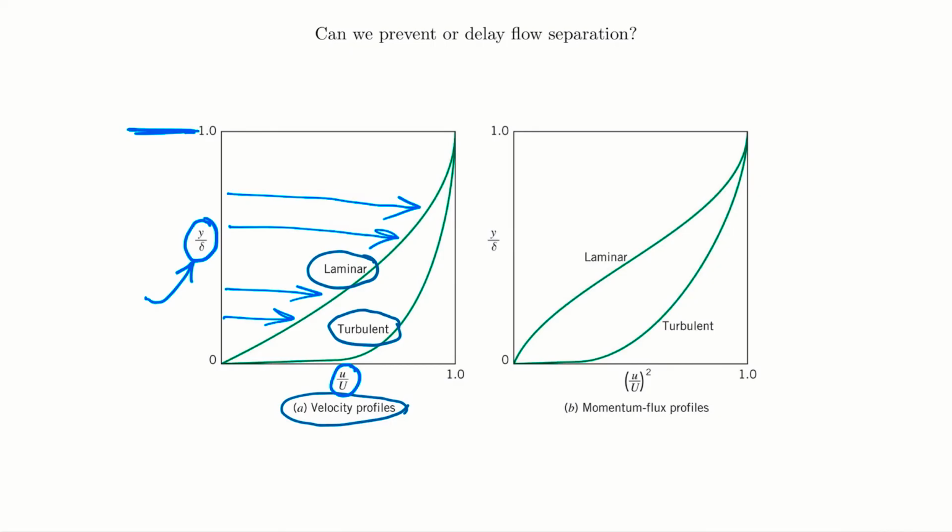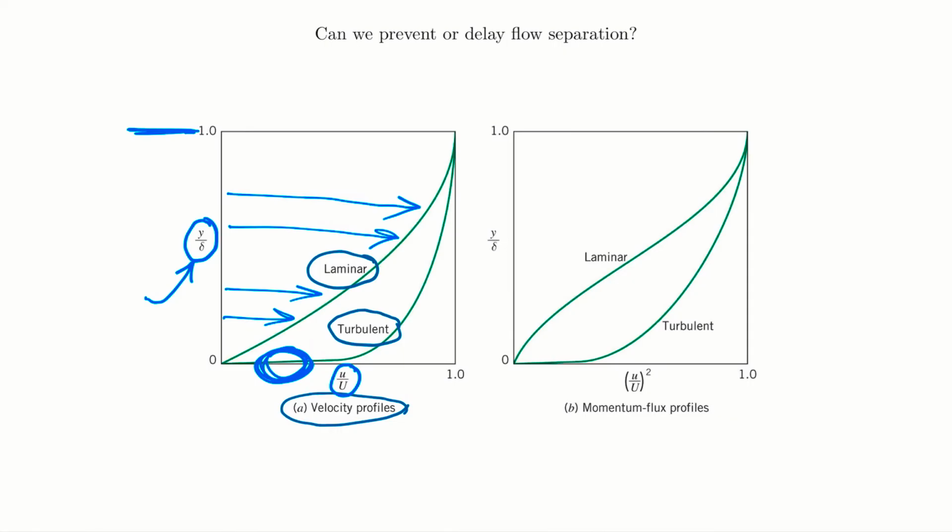And in the turbulent profile, right near the wall here, see that change in the velocity right there? It's much more dramatic right near the wall in the turbulent profile. So the question is, which one's better? Or which one is going to be capable of delaying separation more?